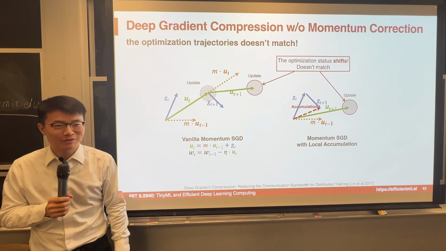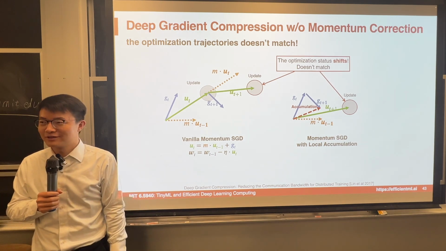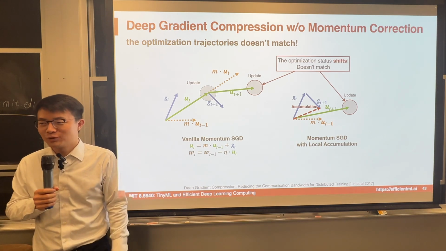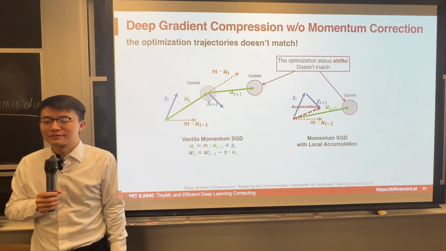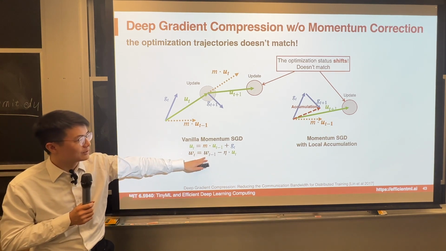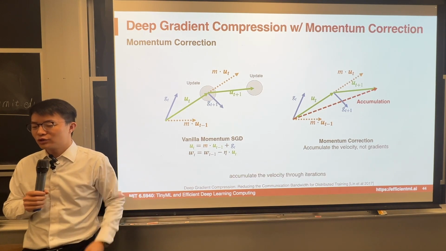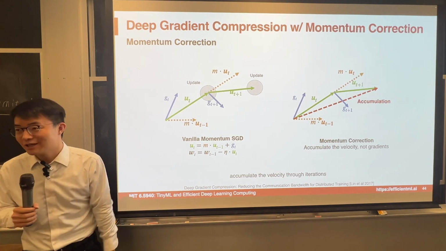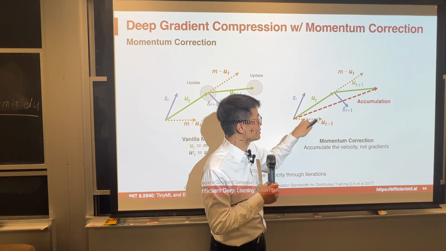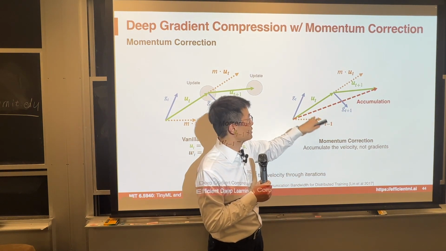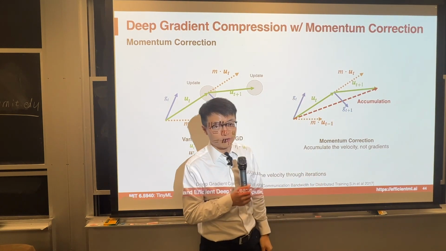Can we solve this problem? Are we accumulating the wrong stuff? What should we accumulate instead? Here we are adding the velocity. So we should accumulate the velocity, not the gradient. This is the velocity, which is the sum of the momentum of the previous step and also the gradient. This is the velocity for the next step.